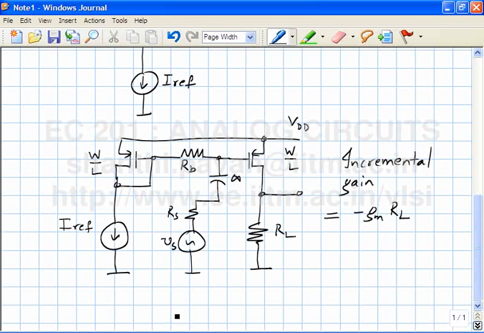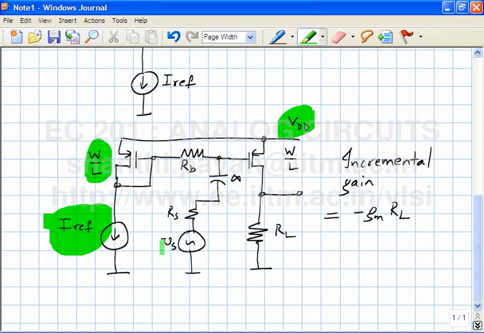For a fixed VDD, if the W by L of the transistor is fixed and the IRef is fixed, how should I choose RL to ensure that the transistor operates in saturation? Okay, what is the potential at this node? Yes, the potential here is nothing but VDD minus VSG of the transistor.